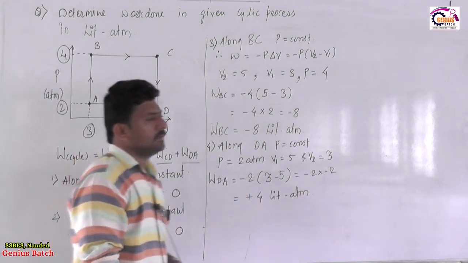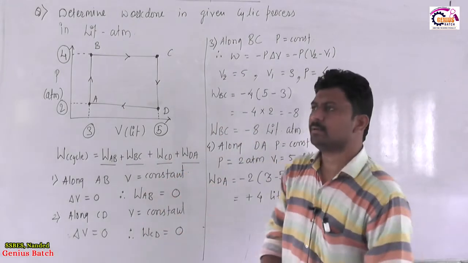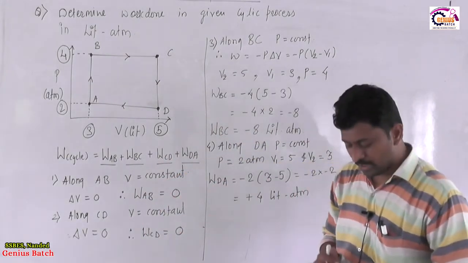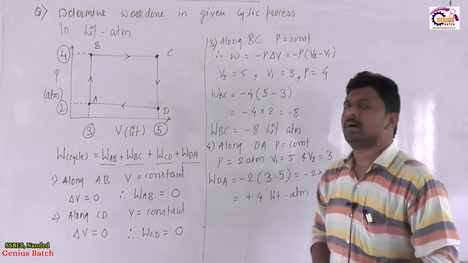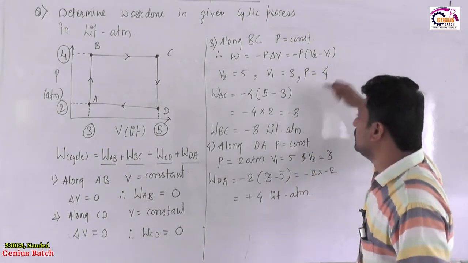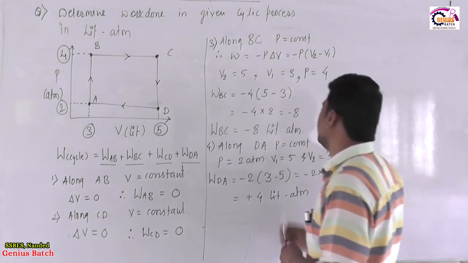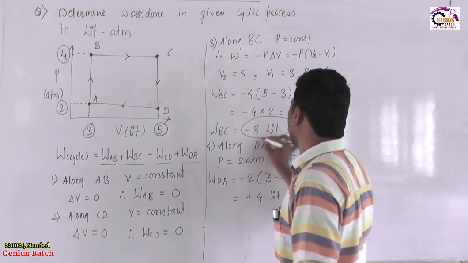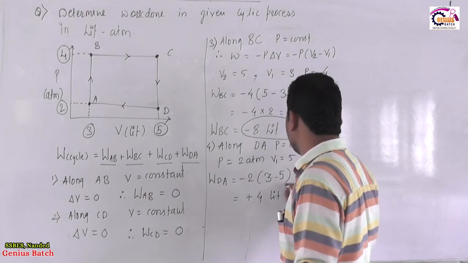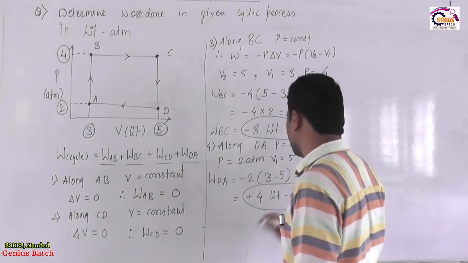Okay. So out of 4 stages, along 2 steps work done is 0, along one step it is negative, minus 8 liter atmosphere, and along the other step it is positive, plus 4 liter atmosphere.